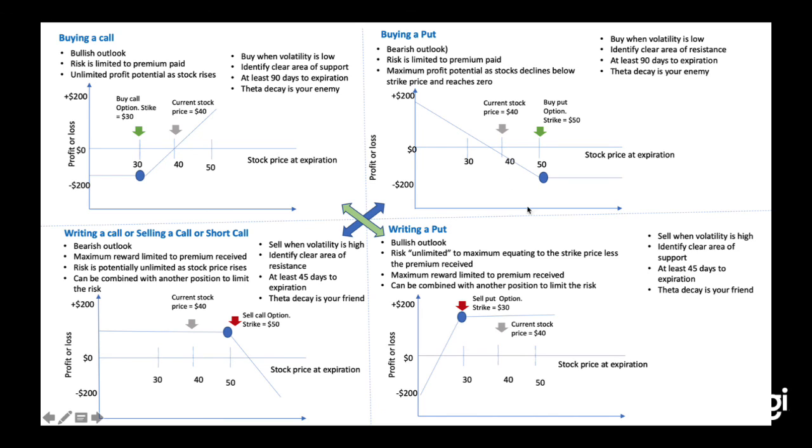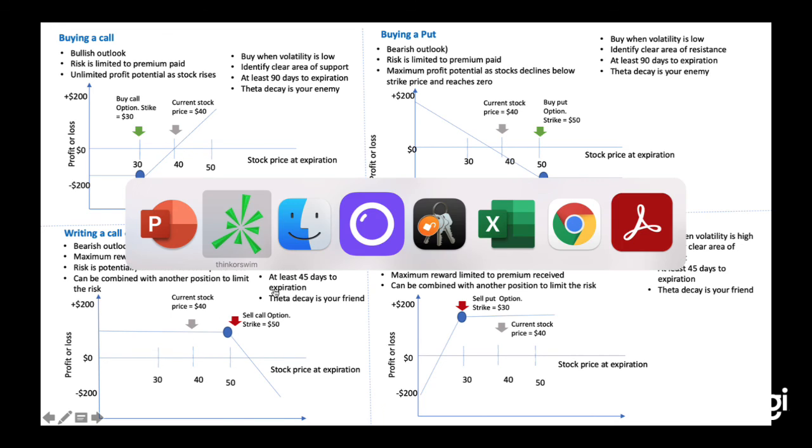You'll make the maximum amount of money. Your profit is uncapped. Whereas here, writing a call or a short call, your profit is just limited to the premium that we initially received, but your downside is more. So those are the two main differences between buying a put and selling a call.